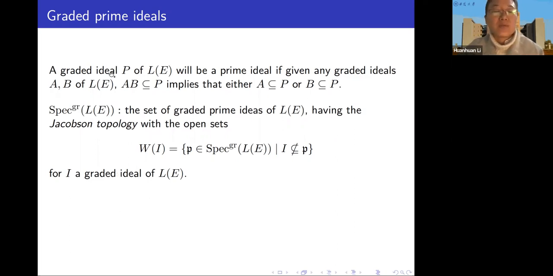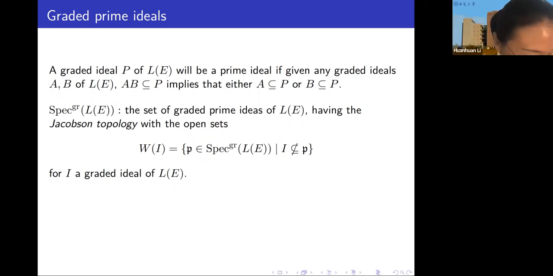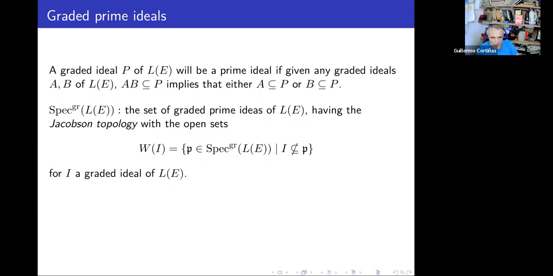So let's first recall the definition of a graded prime ideal. Actually, a graded ideal P of a Leavitt path algebra is a prime ideal if, given any graded ideals A and B, AB contained in P implies that either A is contained in P or B is contained in P. Your ideals are always two-sided, right?